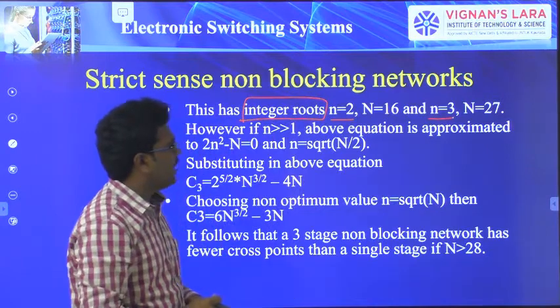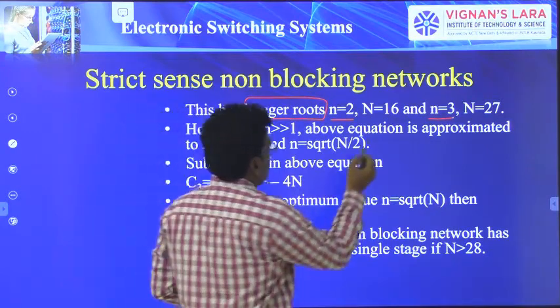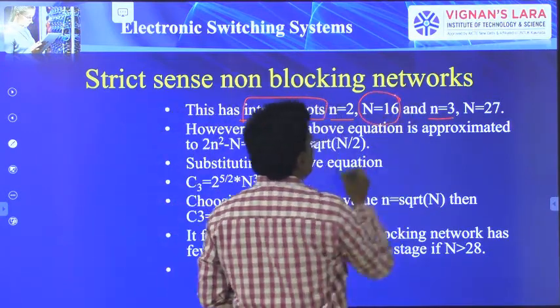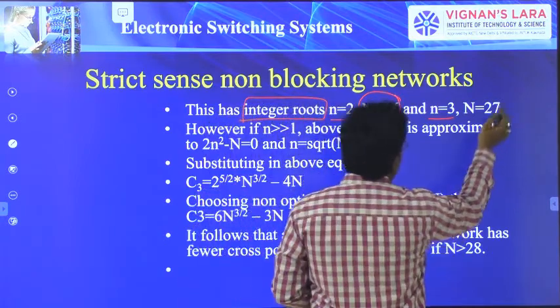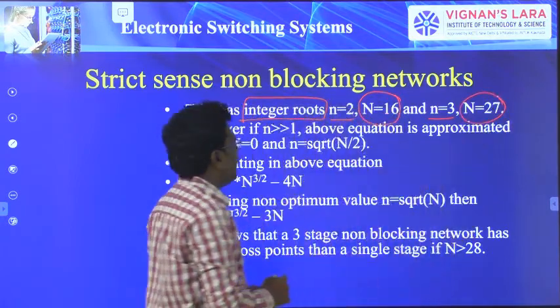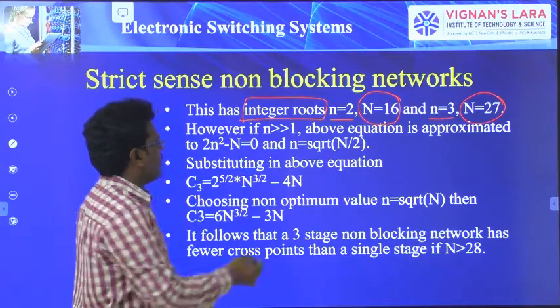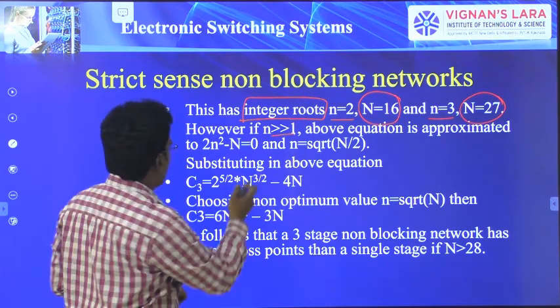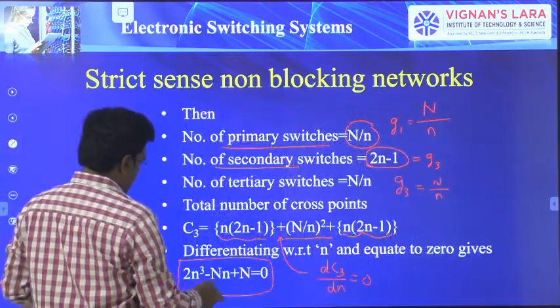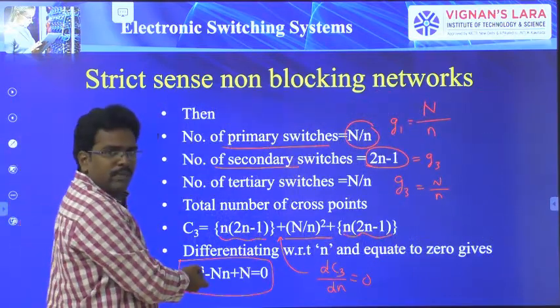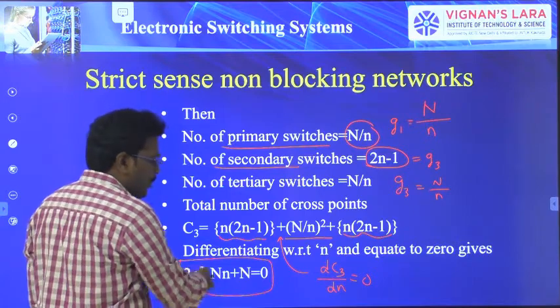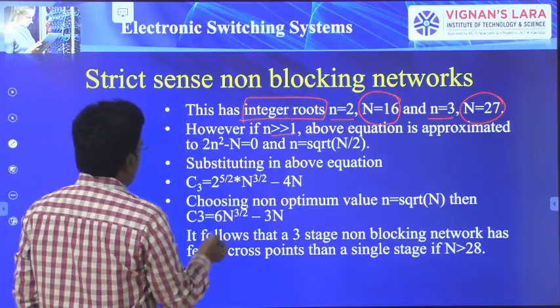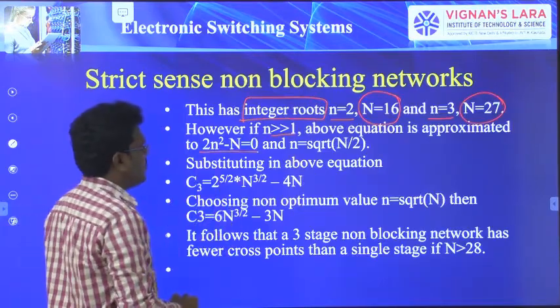So for these values of n, the number of inlets N is equal to 16 and 27. We have to know that this value of N is far greater than 1. In that case, we can take some approximation for the above equation. Here I am taking n cube, right? So we can approximate this equation to 2n square minus N is equal to 0.